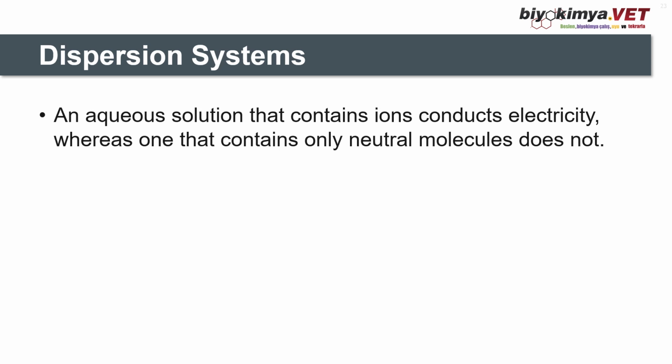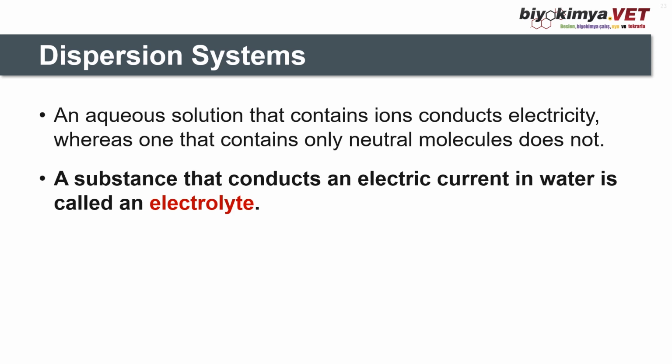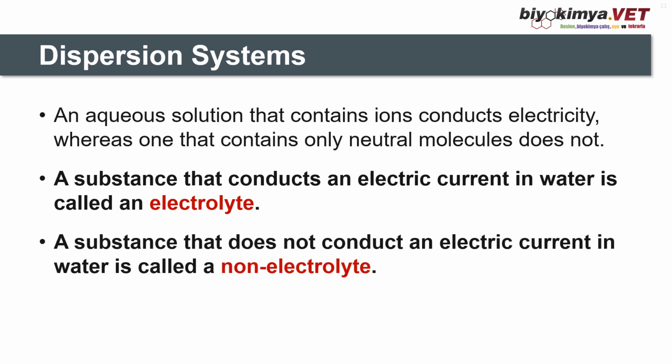An aqueous solution that contains ions conducts electricity, whereas one that contains only neutral molecules does not. A substance that conducts an electric current in water is called an electrolyte, and the sodium chloride solution is a good example of an electrolyte.